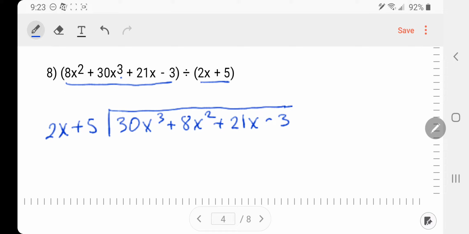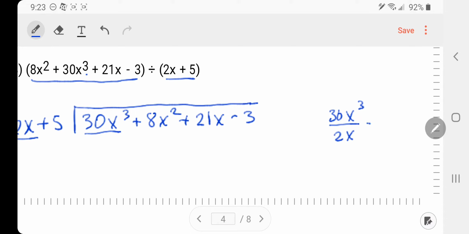And now we can start the long division process. So we're going to take the lead term of the dividend and the lead term of the divisor, and we're going to divide those. 30x to the 3rd divided by 2x, and that's going to give me 15x squared.